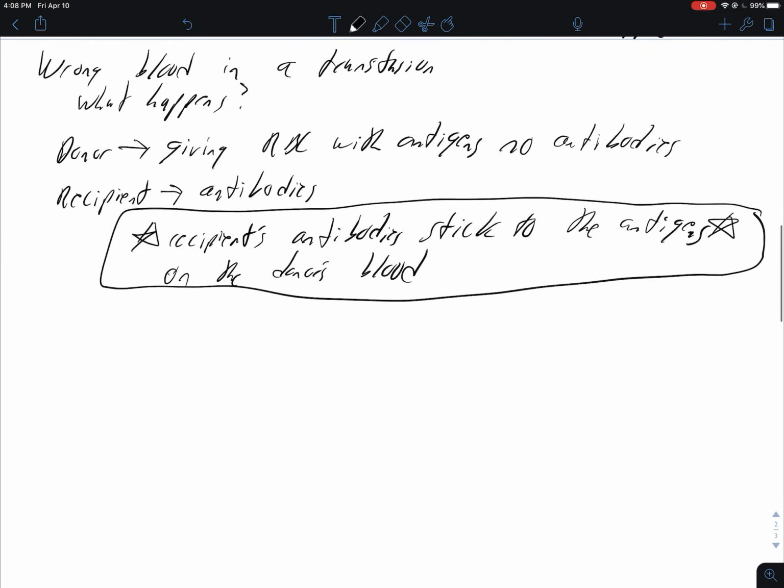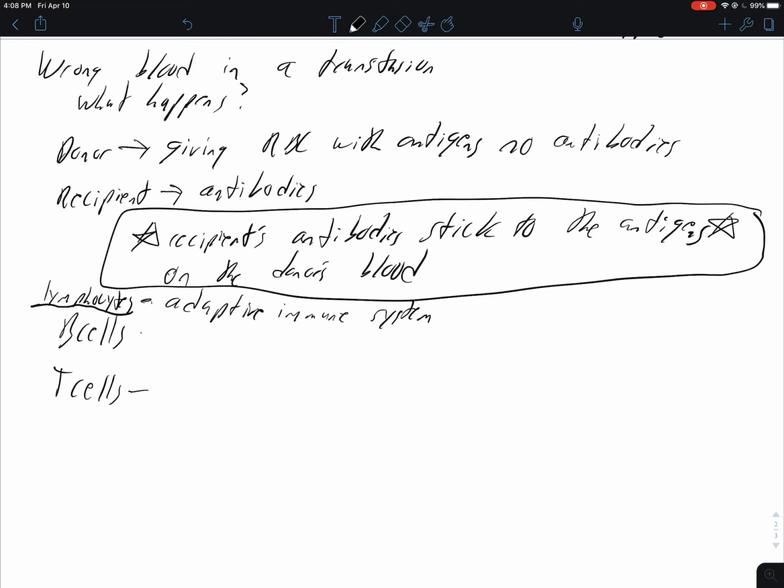A couple other things. I've said this multiple times in class, trying to make sure everybody got it, but it's always something that's easily missed. So, B cells and T cells are the lymphocytes. Okay, those are lymphocytes. And they're both part of the adaptive immune system.